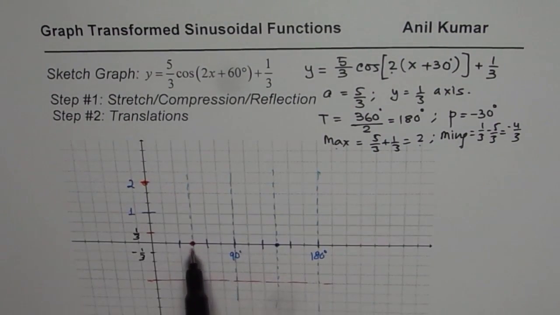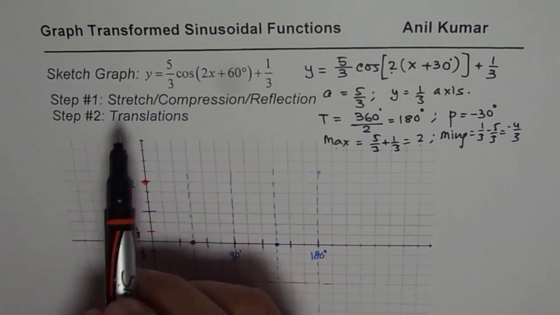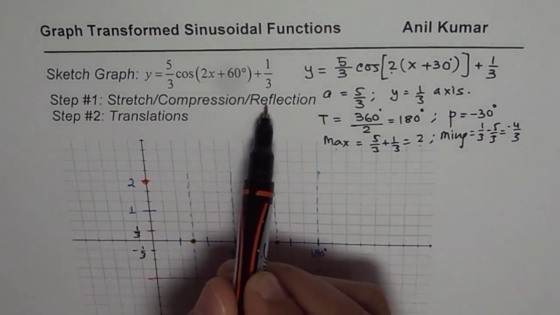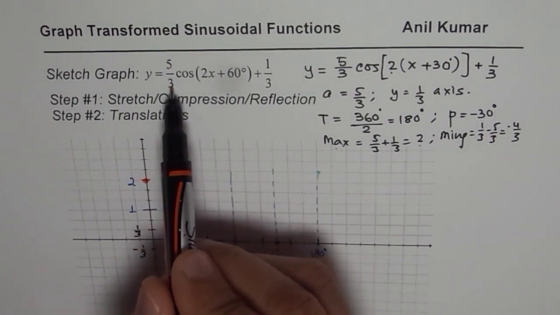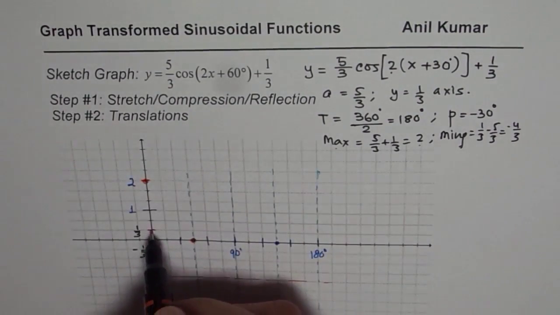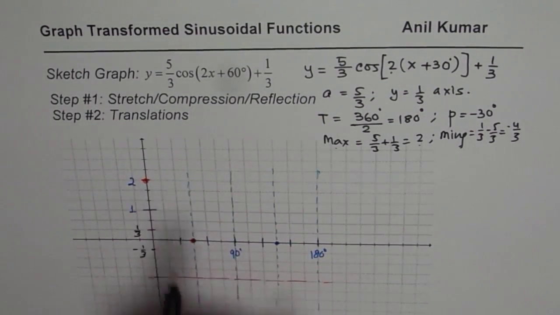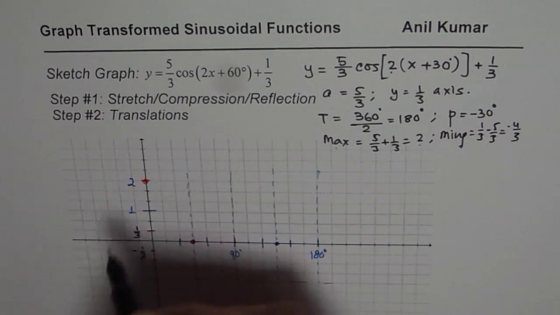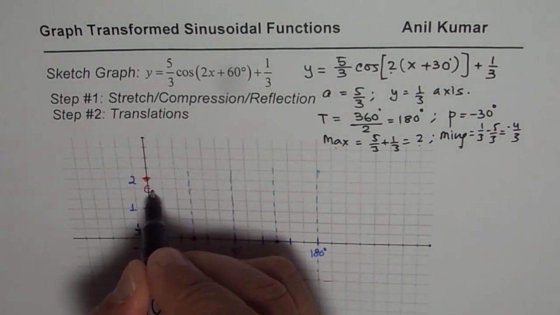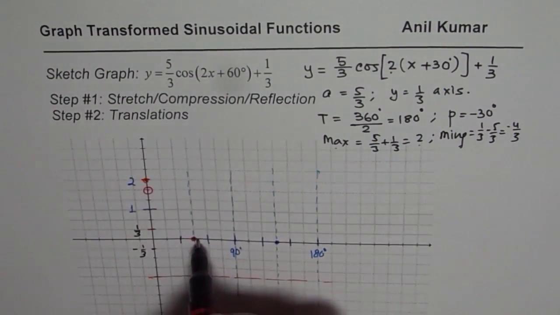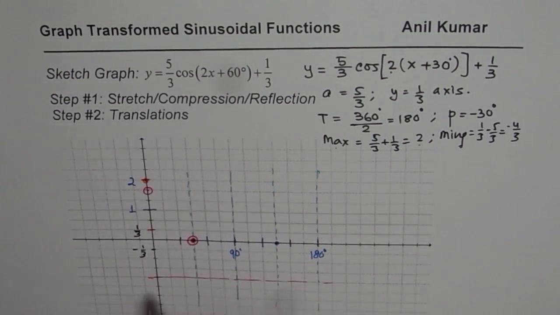In this particular case, let us first sketch with only stretches, compressions and reflections. Stretch is 5 over 3, so the amplitude is 5 over 3. So 1, 2, 3, 4, 5. So that becomes the first point. Let me use a different ink. And then we know it will be 0. So at the second quarter it is 0.